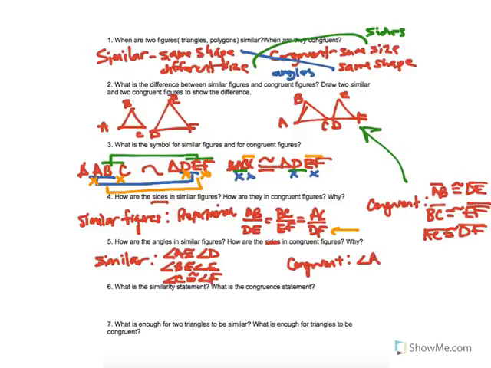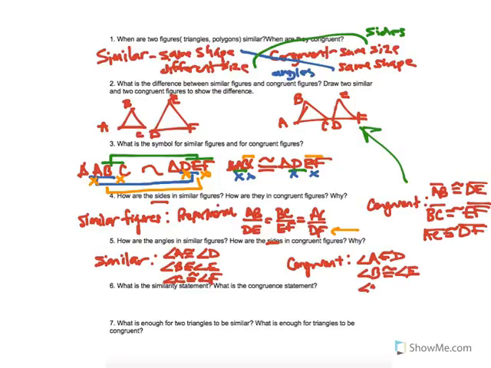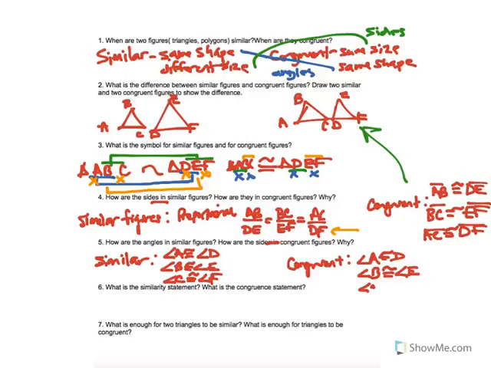I'm using the congruence statement to find corresponding angles. Angle A is congruent to angle D, angle B is congruent to angle E, angle C is congruent to angle F. Okay.